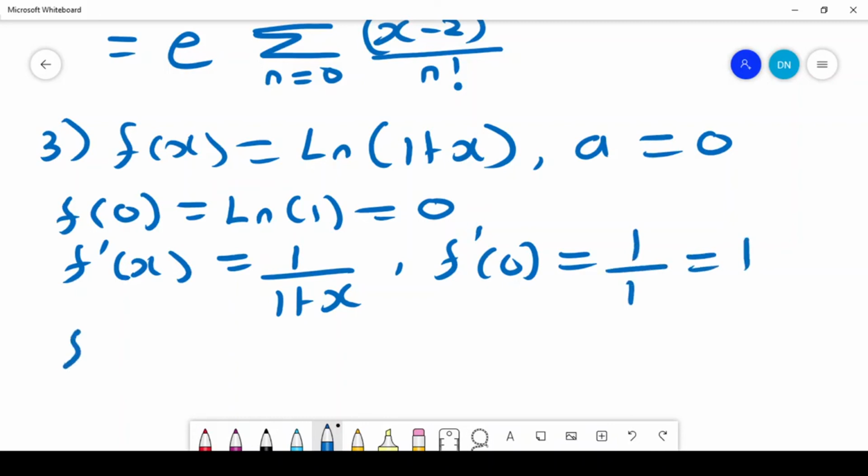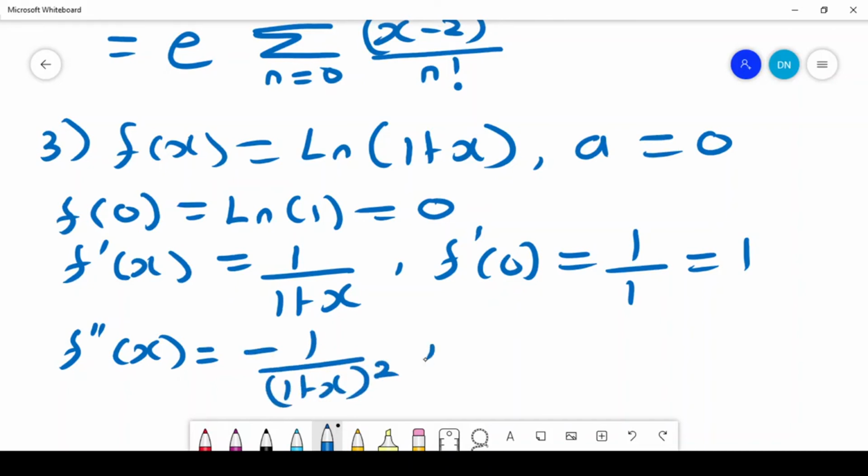The second derivative, f double prime of x, is the same as 1 plus x raised to power negative 1. So you take the negative down, then you increase the power by 1. And then the second derivative at 0 will be negative 1 over 1 squared, which is negative 1.